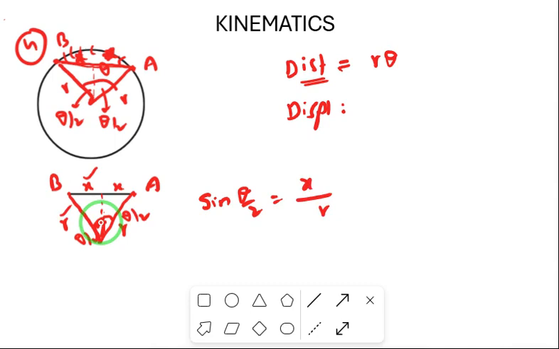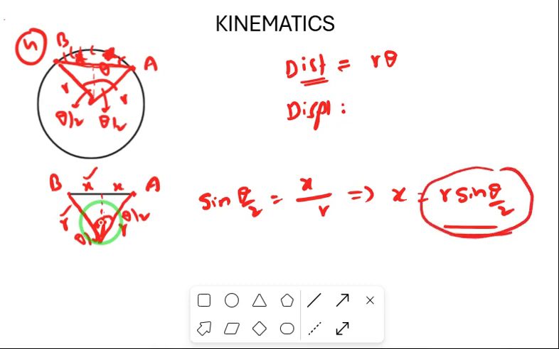So sin theta by 2 equals x by r. Based on this, x is equal to r sin theta by 2. So the x value r sin theta by 2 you are getting. So what is the displacement from A to B? That is 2x, x plus x. So in place of x, substitute here.